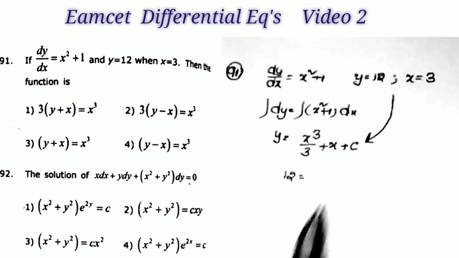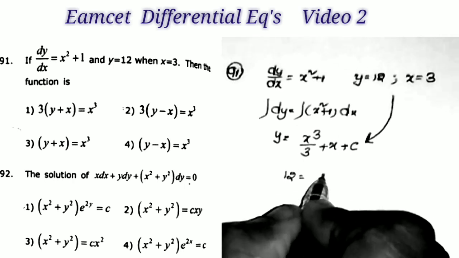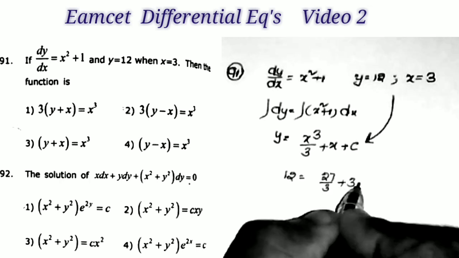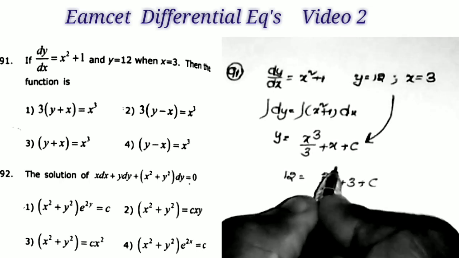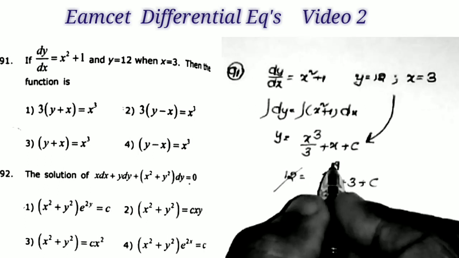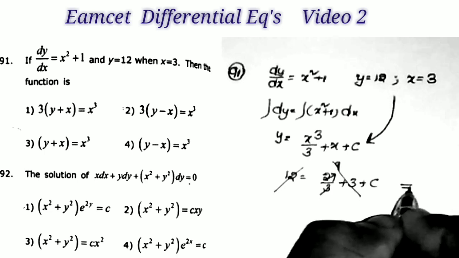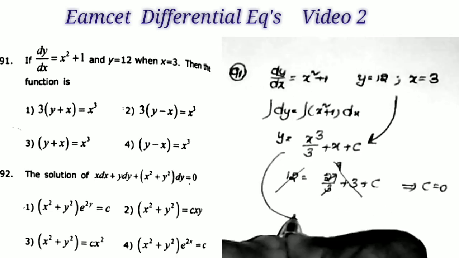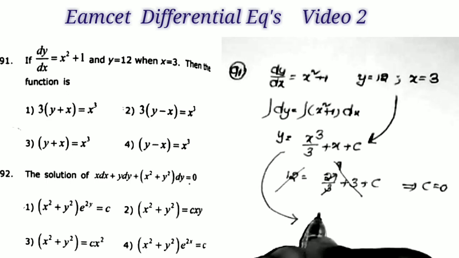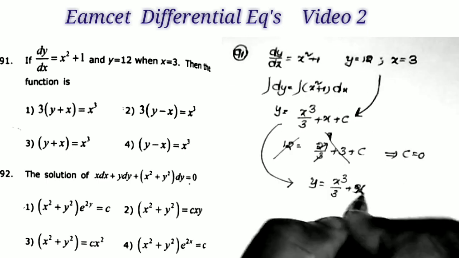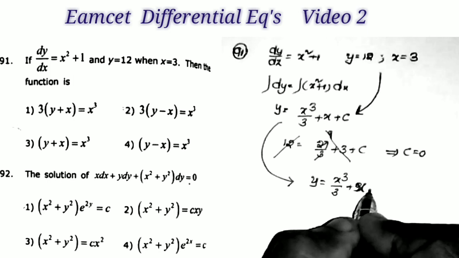y is equal to 12, x is equal to 3. So 12 is equal to 3 cube, 27 by 3, plus 3, plus c. That is 9 plus 3, so 12 is equal to 12, and 12 is cancelled here. Therefore the value of c is equal to 0. Now replacing c is equal to 0 here, we get y is equal to x cube by 3 plus x plus 0.